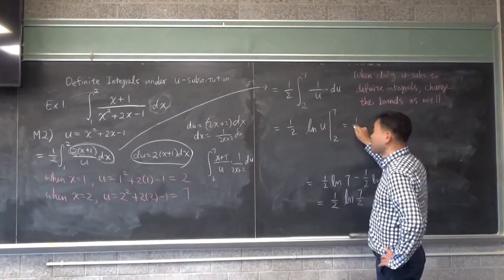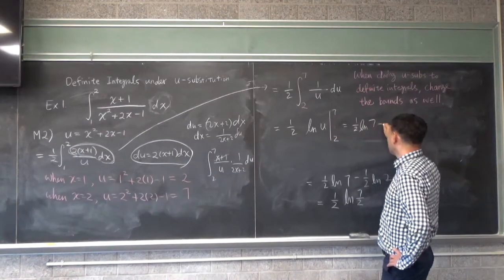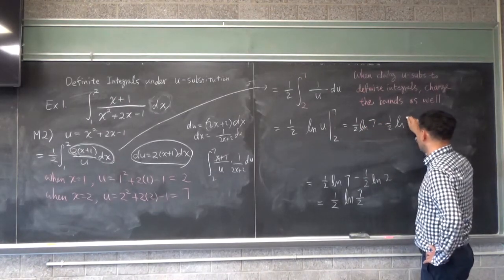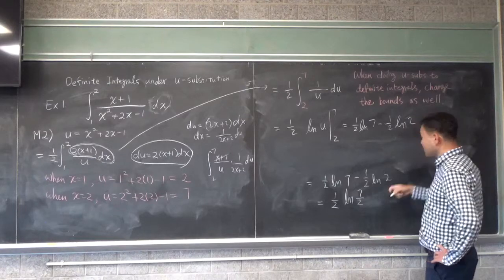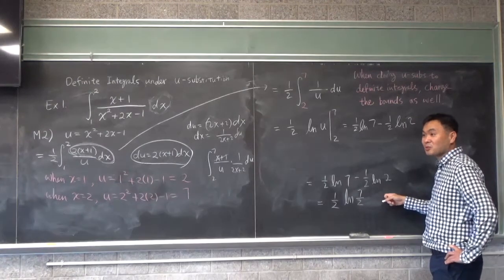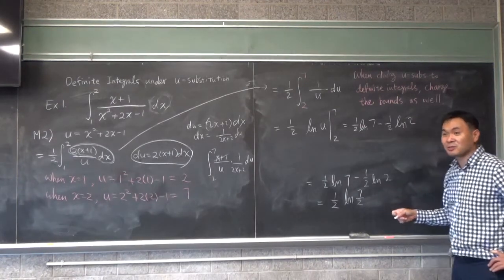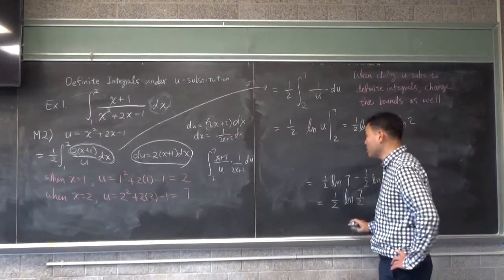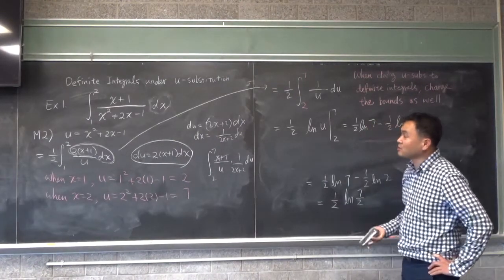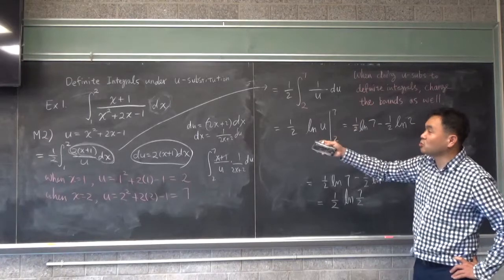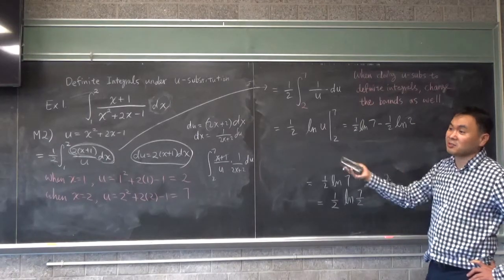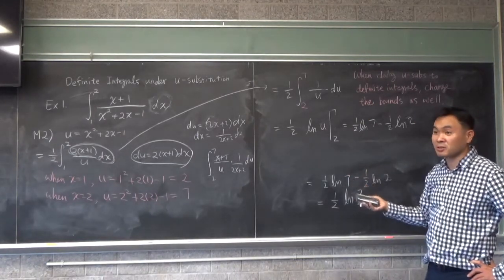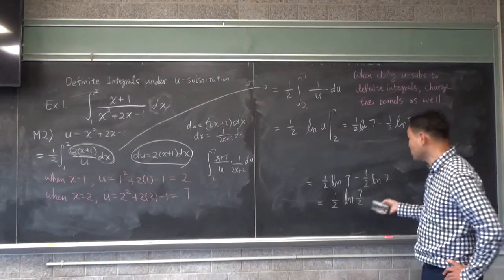And so it's 1/2 of ln of 7 minus 1/2 of ln of 2. Exactly what we got before. So you get the same answer. Both give you the same thing. But I'm just saying that this is the proper way to transform a definite integral, and it's often the shorter one. You get a shorter solution.